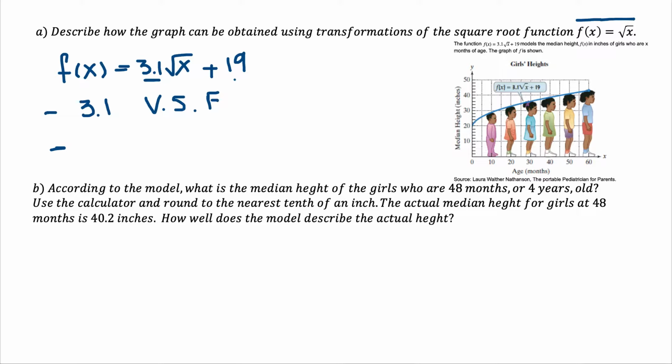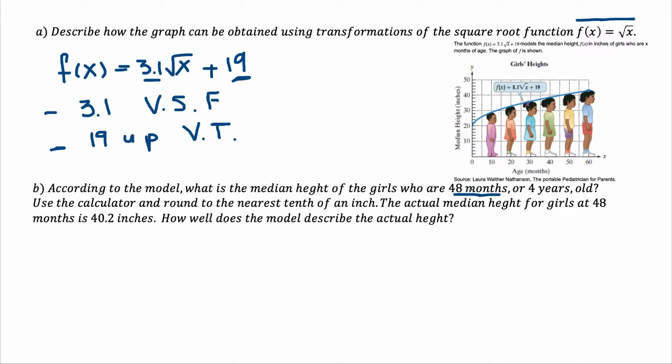And the other transformation is plus 19. It means that the function translates vertically 19 units up. So this is a vertical translation, or vertical shift, up 19 units.